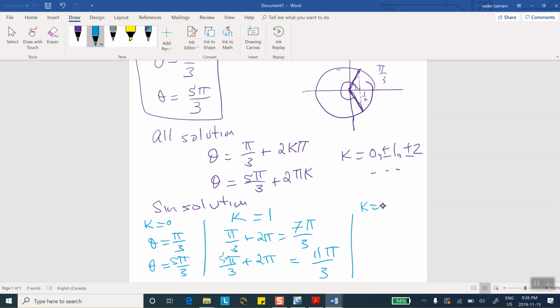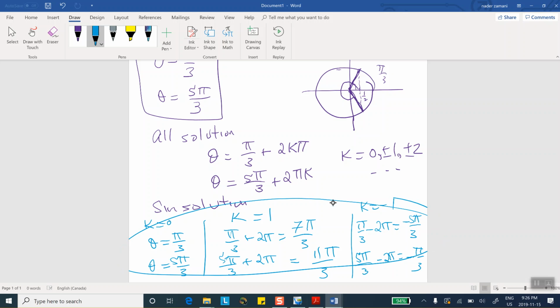K equal to minus 1, you get pi over 3 minus 2 pi, and this is minus 5 pi over 3. And 5 pi over 3 minus 2 pi, and this is negative pi over 3. And here we found 6 specific solutions.